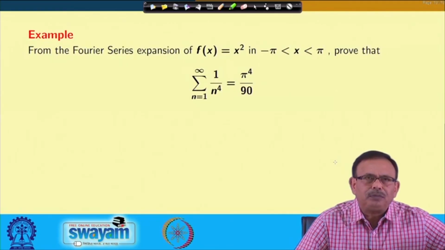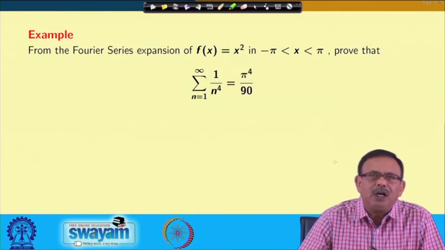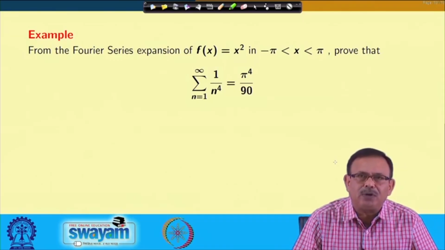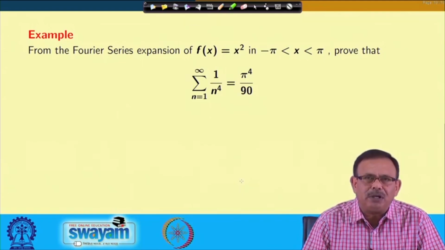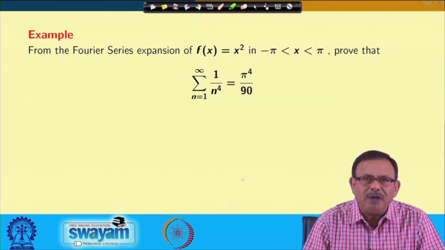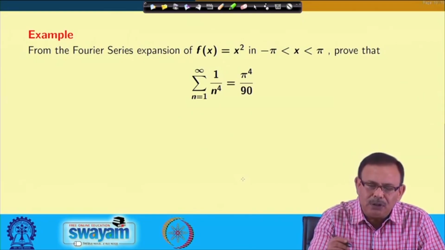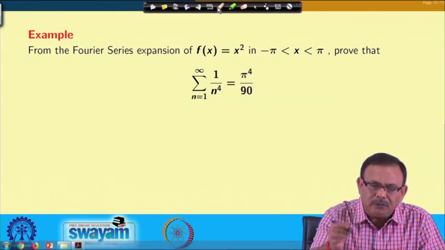We want to, from the Fourier series expansion of f(x) equals x square, prove that summation n equals 1 to infinity of 1 by n to the power 4 equals pi to the power 4 divided by 90.